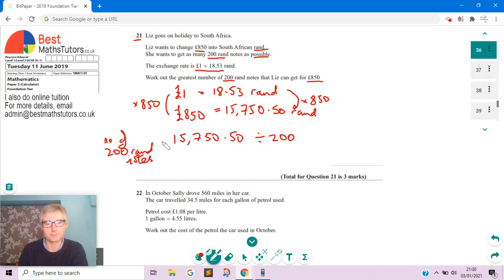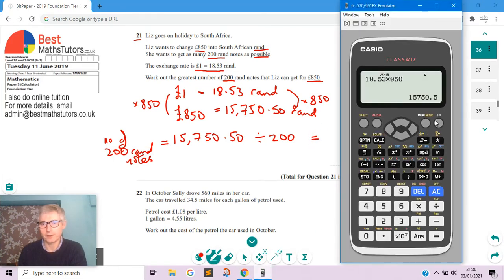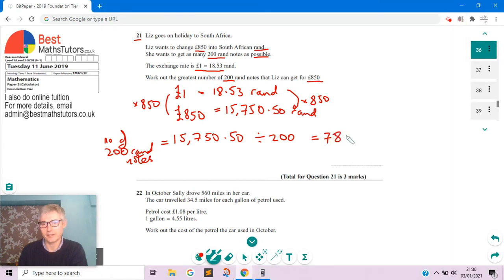We'll get the calculator up again, take that result and divide it by 200. Again, we press the SD button and we can see that we've got 78.7525. But we can ignore the bit after the decimal point.